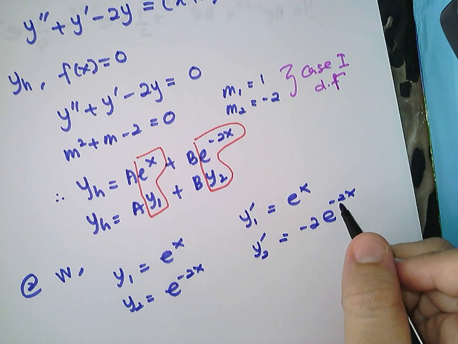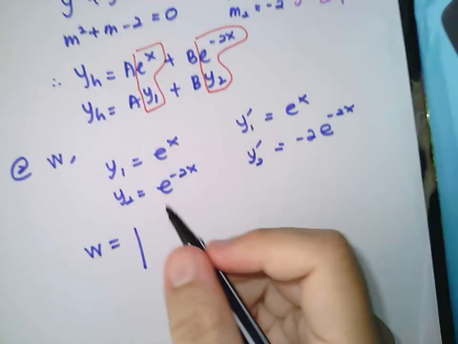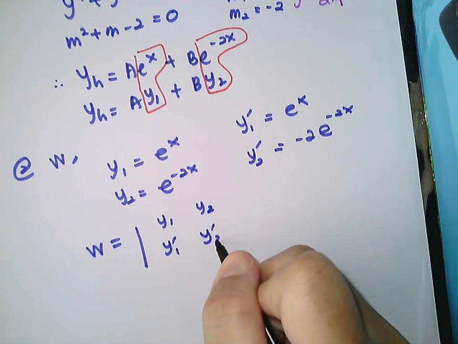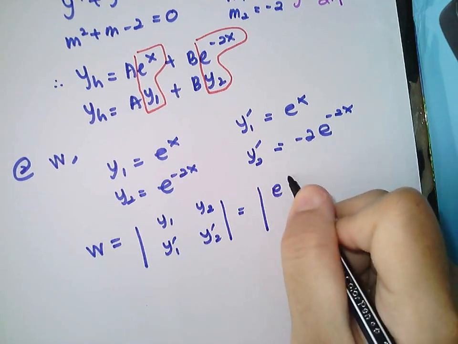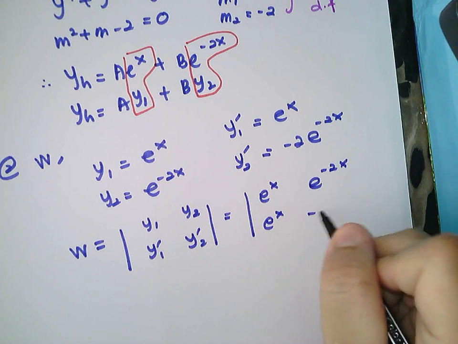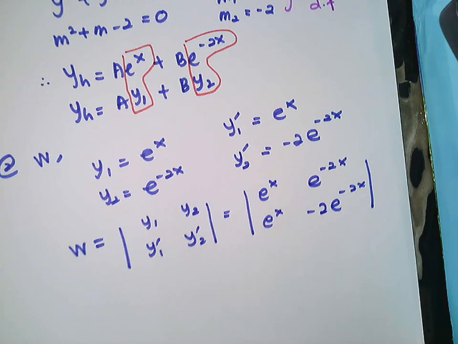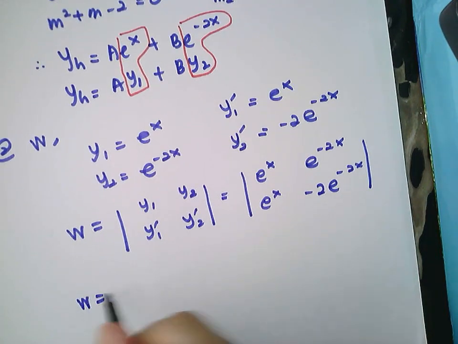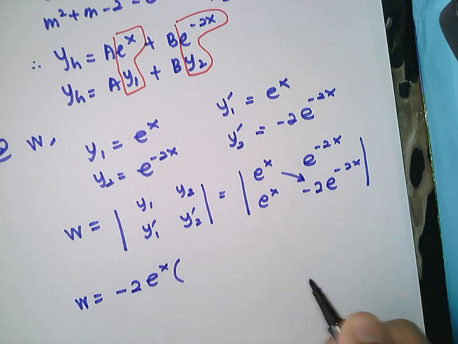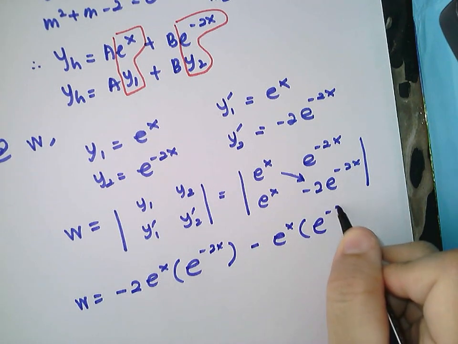Next get the Wronskian function W by using the determinant of y1, y2, y1 prime, y2 prime, which is e^x, e^(-2x), e^x, negative 2e^(-2x). Therefore W equals this one times this one: negative 2e^x multiplied by e^(-2x) minus e^x times e^(-2x).